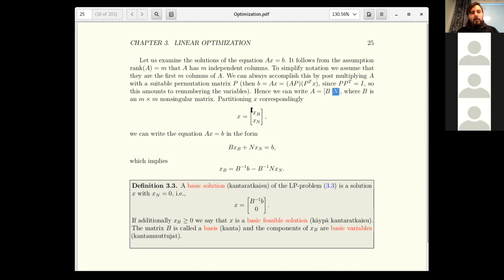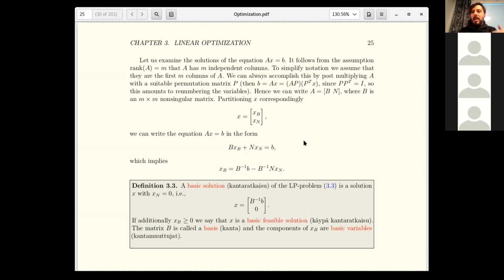Correspondingly, we take the first components of X as XB, and then the rest as XN. If we think about this as two vectors and two matrices, then the equation AX equals B becomes BXB plus NXN equals B.